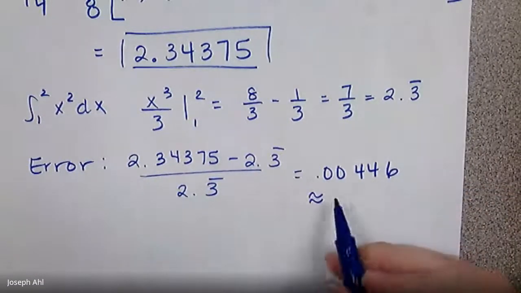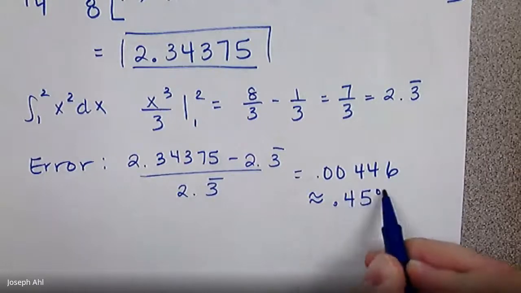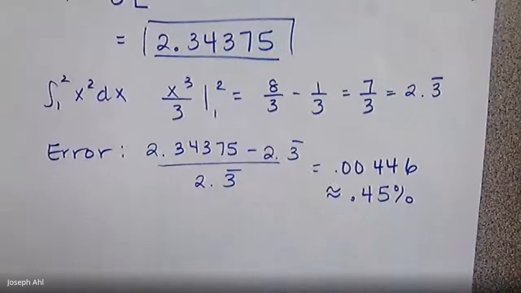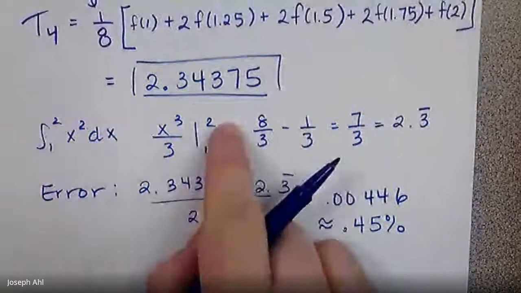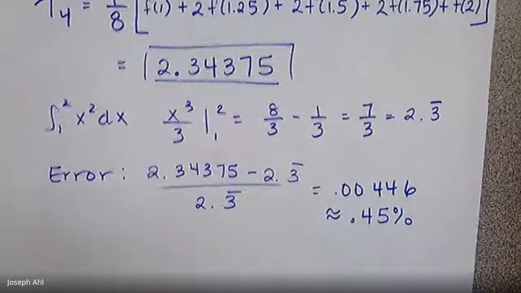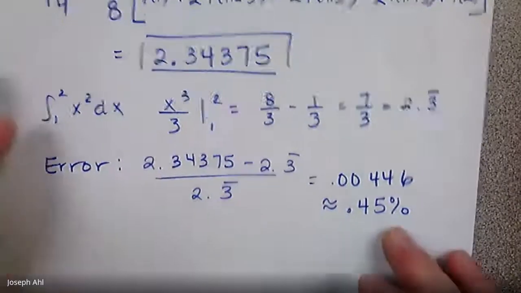So there's approximately a 0.45% error in using a trapezoidal approximation. That's pretty good. There's not a lot of error there when it's a less than 1% error using trapezoids as opposed to finding the exact value for our definite integral.